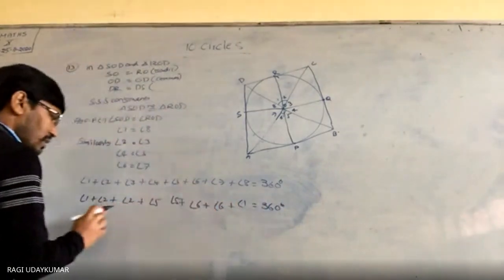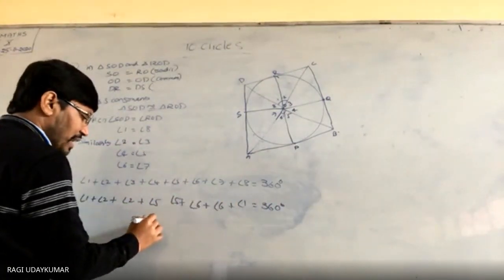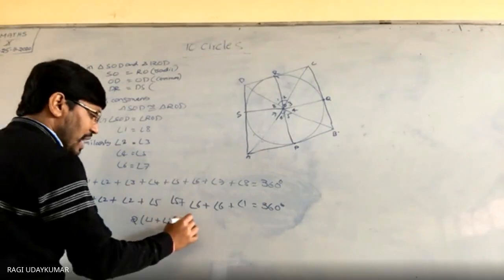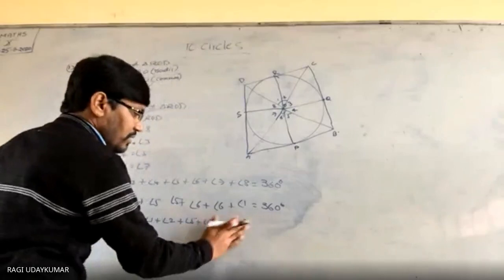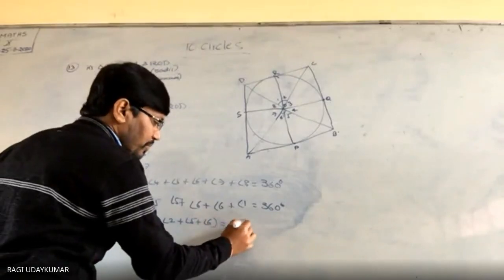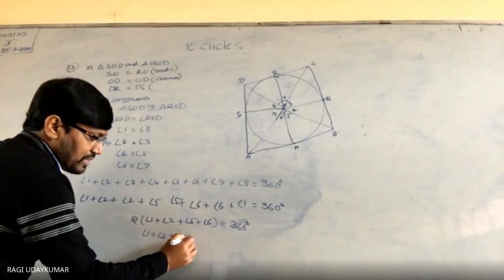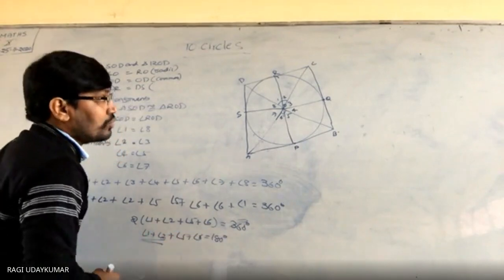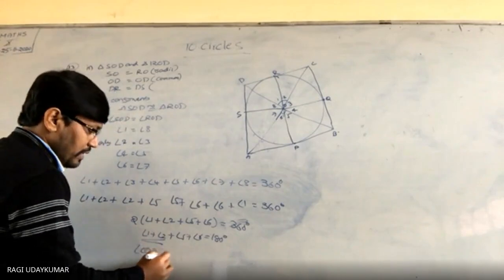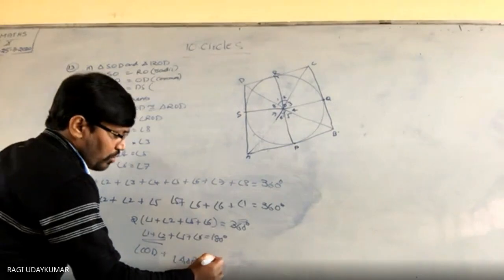So 1 double, 2 double, 5 double, 6 double. So 2 times of angle 1 plus angle 2 plus angle 5 plus angle 6 is equal to 360 degrees. So angle 1 plus angle 2 plus angle 5 plus angle 6 is equal to 180 degrees. 1 plus 2 is angle COD and 5 plus 6 is angle AOB, equal to 180 degrees.